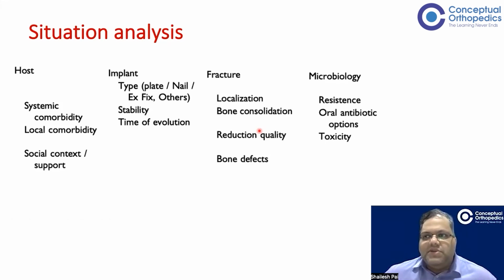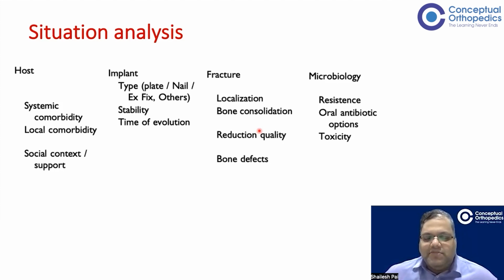Now, for example, the particular organism may be sensitive to only a particular antibiotic which is only available parenterally. And we all know in infections, for about 3 months, 6 weeks to 3 months, we need to be giving these antibiotics. It becomes difficult for us to give that for a long duration parenterally.